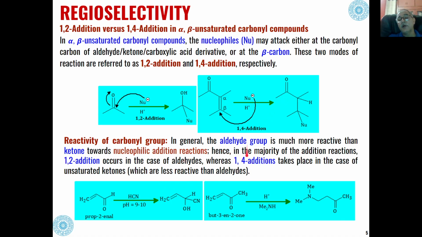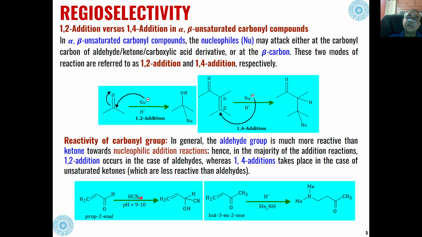So if we differentiate between, say, the aldehydic group and the ketonic group towards nucleophilic addition reaction, it has been seen that in case of aldehydes, in the majority of these addition reactions, 1,2 addition will take place. For example, if we have this propenal, this is an aldehydic functional group.